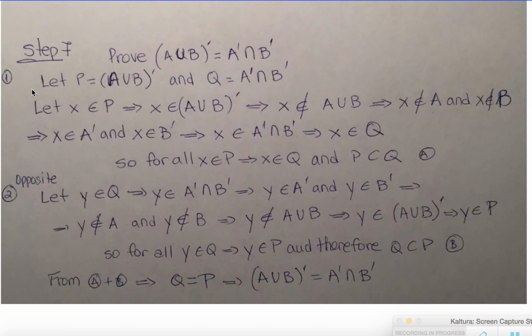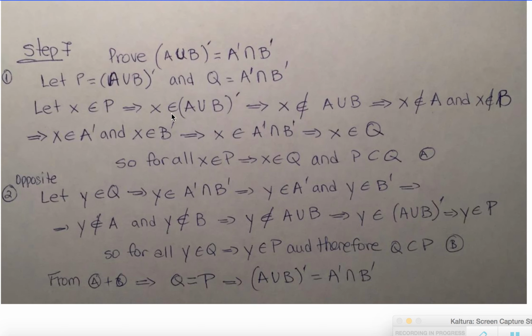Let's take X, an element that belongs to the P set. What does this mean? This means that X belongs to (A union B) complement, the complement of all this, because we said that P is exactly this.